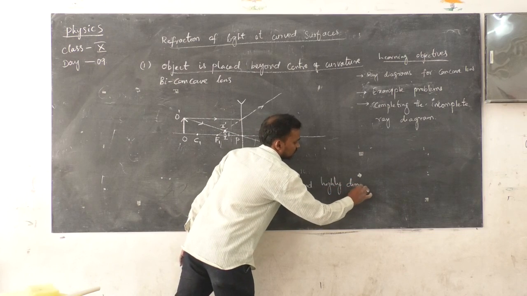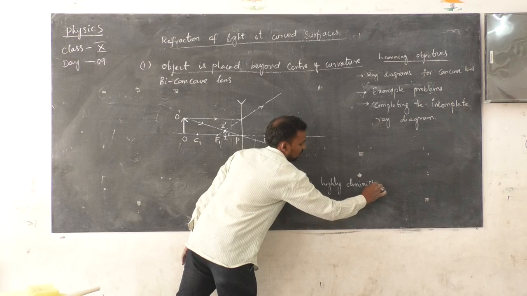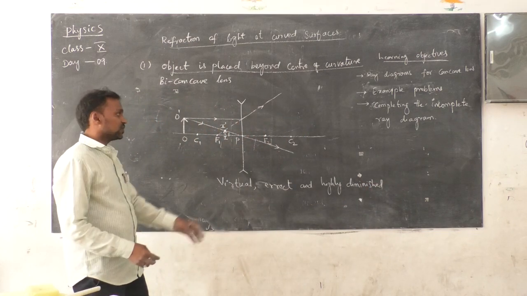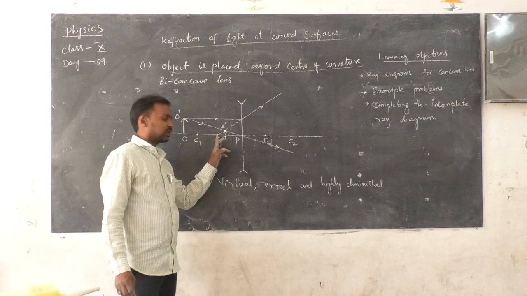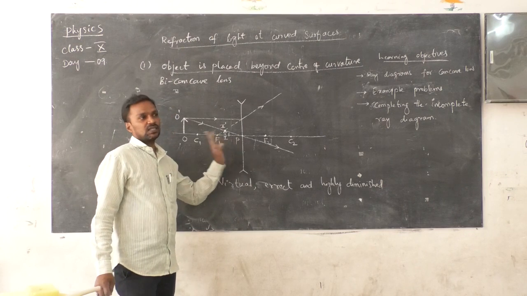Very much smaller compared to the object. Diminished, and the image is forming between the focus point and the optic center.